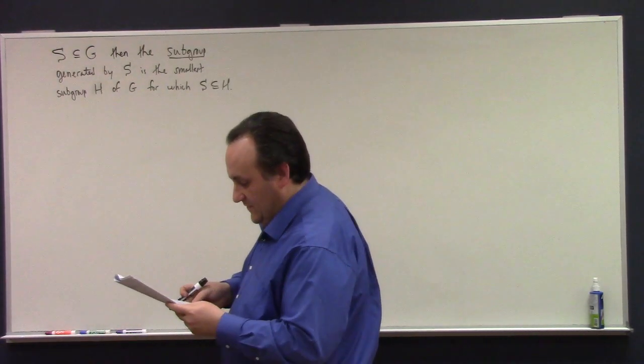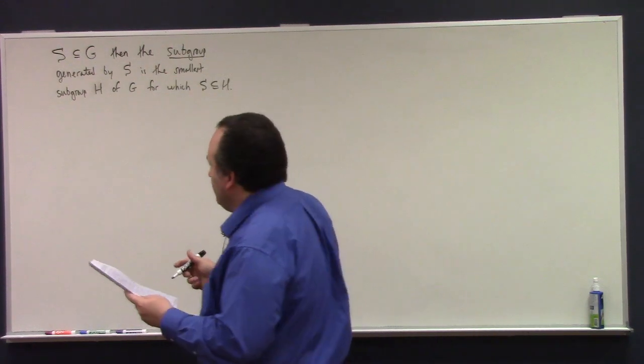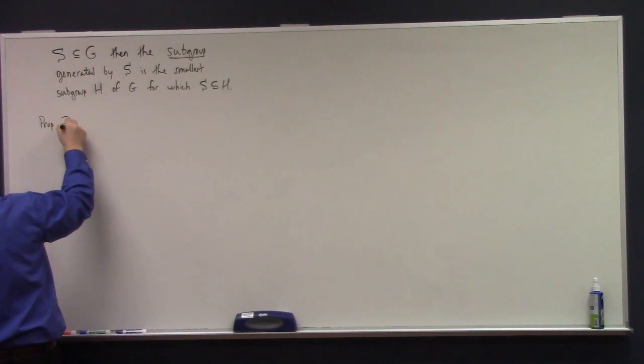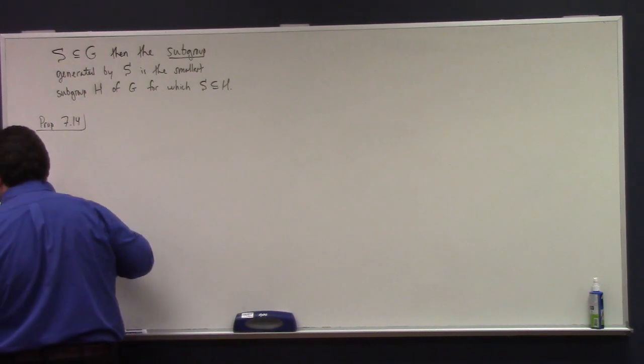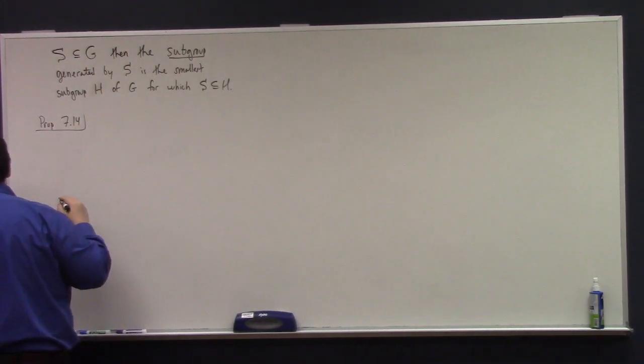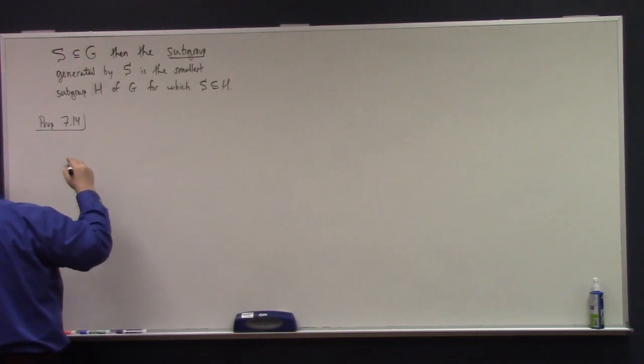All right. Proposition 7.14 says the following. Let me try to pick up the pace in here. I'm not trying to spend too much time on this material. Suppose G is a Lie group and W is any neighborhood of the identity.